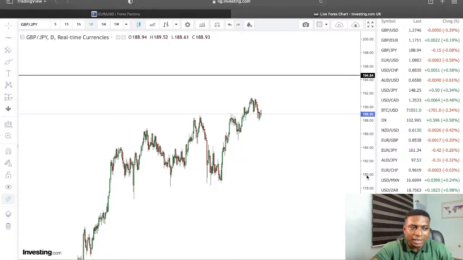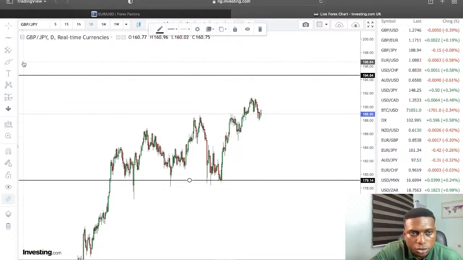So when we look at the daily time frame here, we put some levels here, mapping out levels.